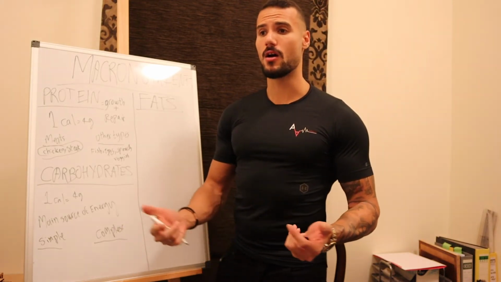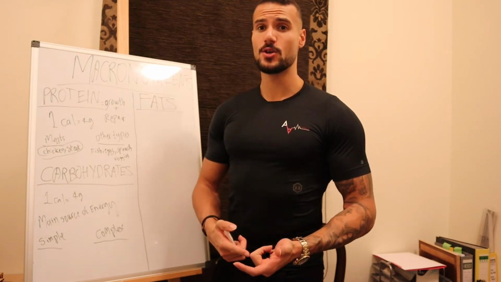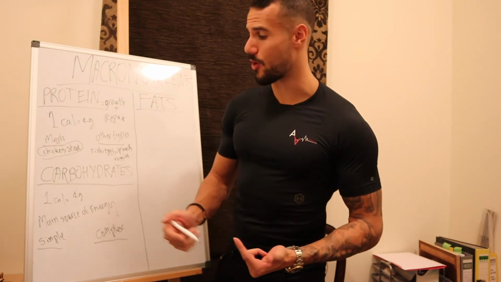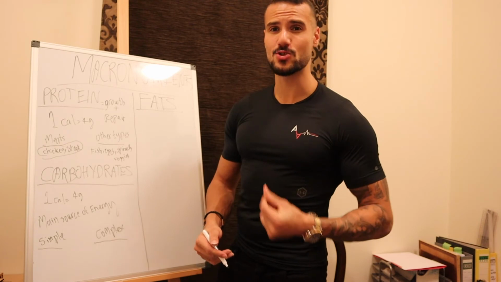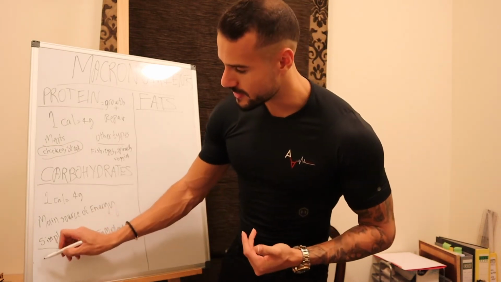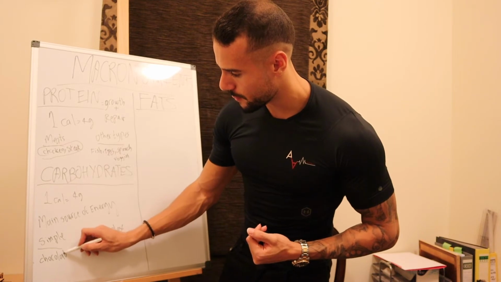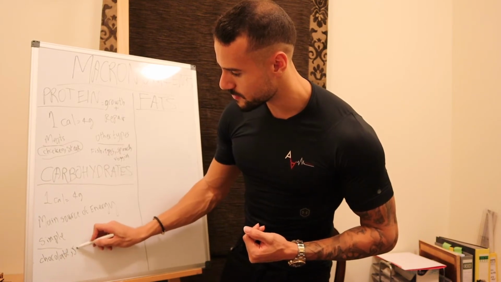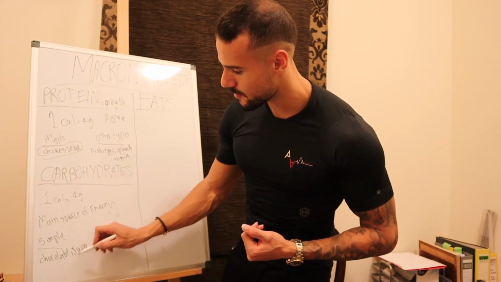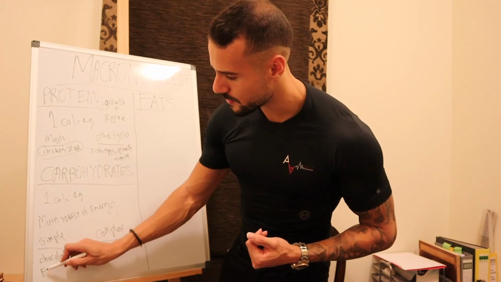Simple is usually like chocolate, fruits, juices. Those are the simple carbohydrates, those fast sources of energy.